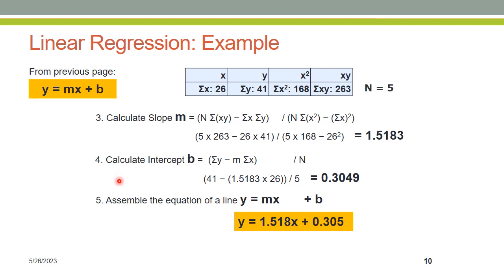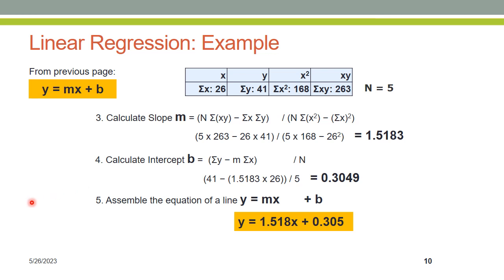So that gives us 41, which is this here, minus 1.5183, that's our m here, times the 26, and that divided by 5. That gives us 0.3049 as our intercept b.